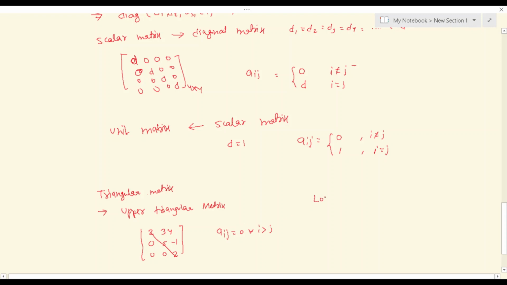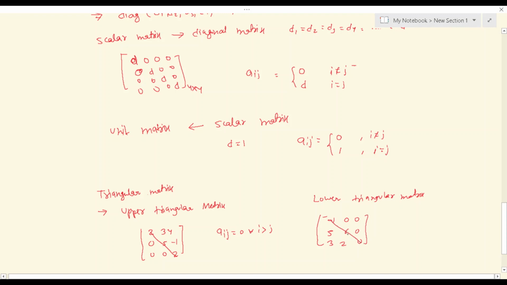And the other one was the lower triangular matrix. For the lower triangular matrix, consider this one: -1 0 0, 5 6 0, 3 2 0.